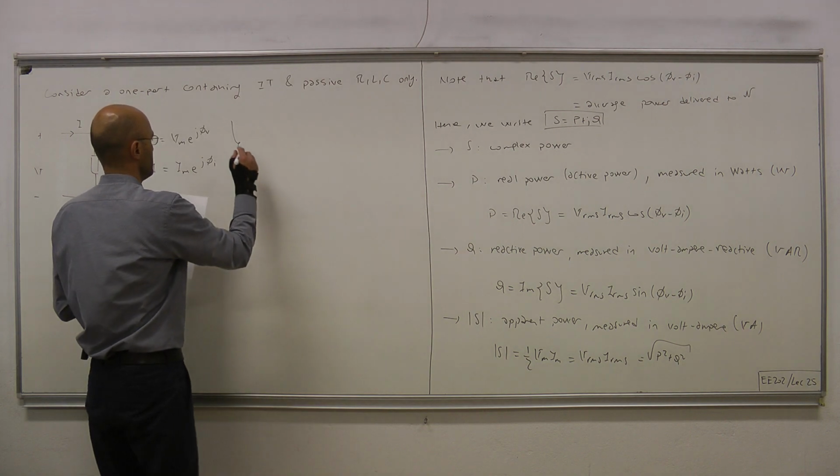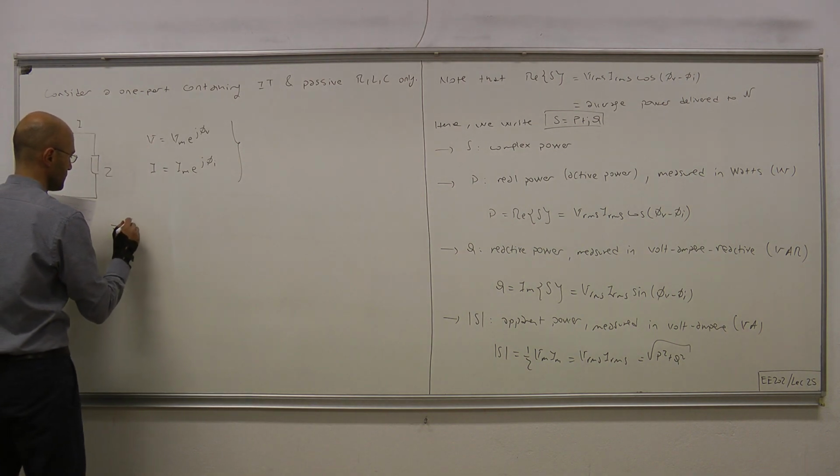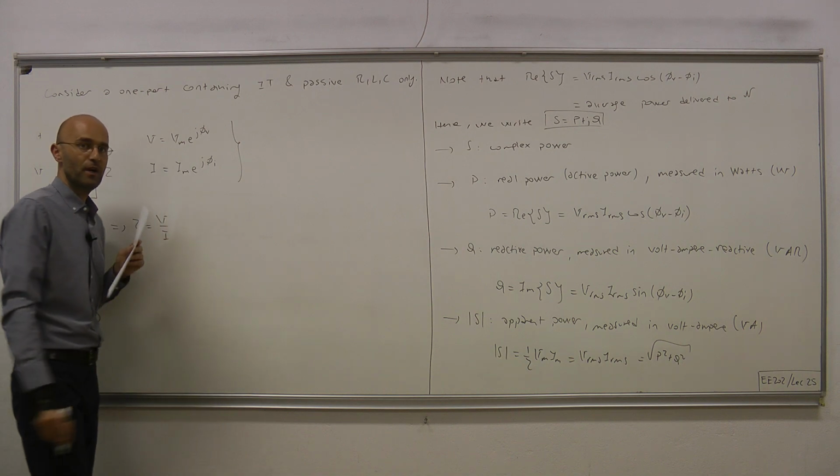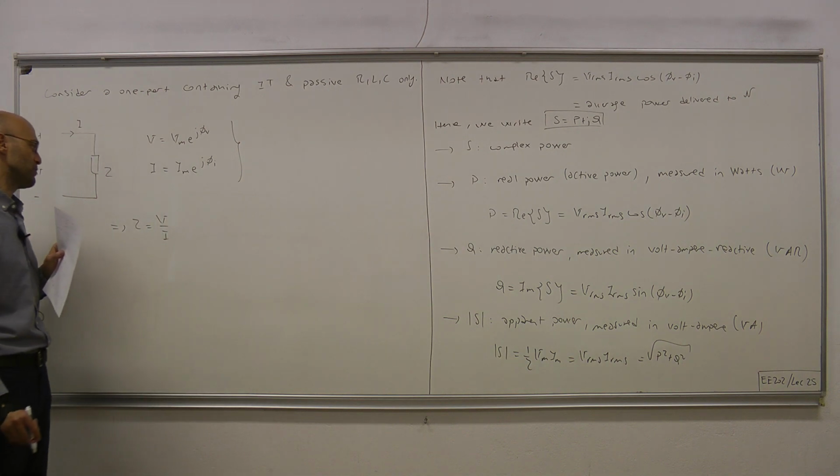Therefore, we can write Z equals, by definition, the ratio of the voltage phasor to current phasor.